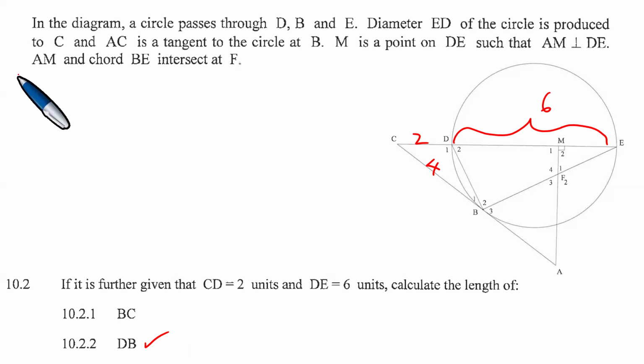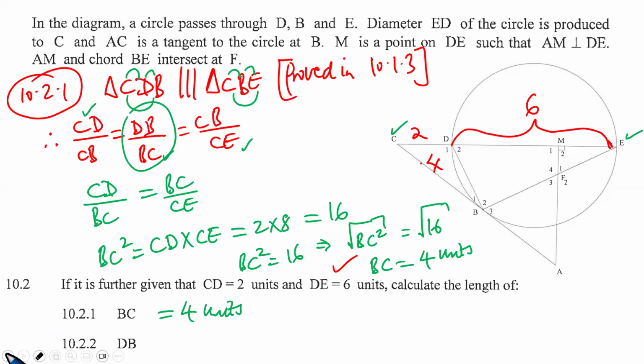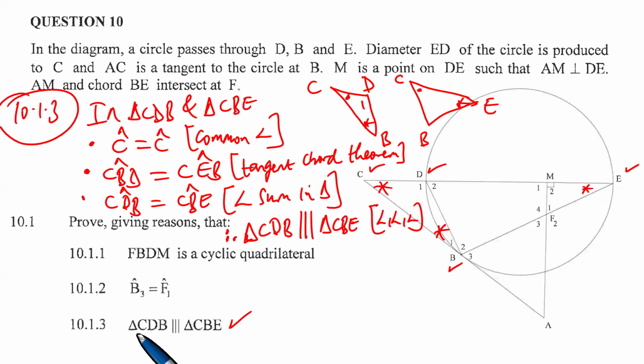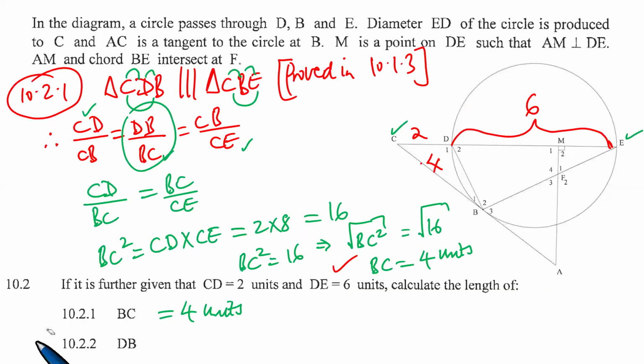So you have 10.2.2. Now we're going to start from the similar triangles that we got. So we have triangle CDB.